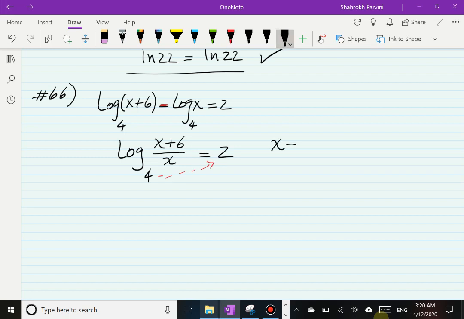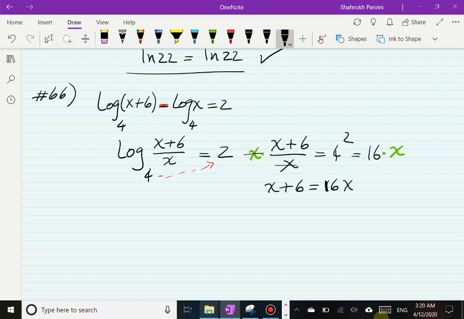So in exponential form, x plus 6 over x is equal to 4 squared, which is 16. And let's multiply both sides times x. So this way I can cross the x there and the x in the bottom. And it becomes x plus 6 equal to 16x, right?